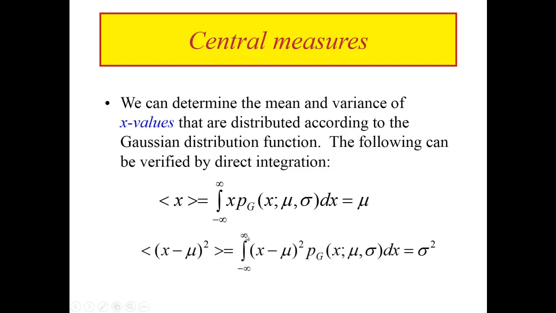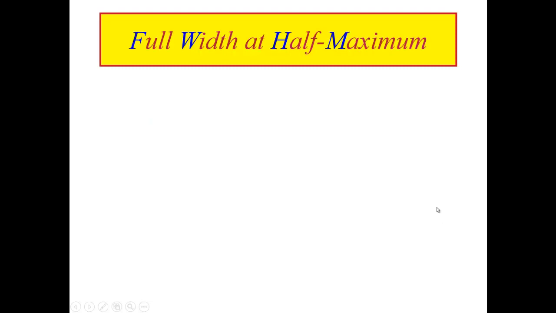If you calculate the variance using the definition that we showed before, indeed you get sigma squared as the variance. Just because we threw sigma into the expression for the Gaussian function doesn't guarantee that it really is the standard deviation, but you can show that when you calculate the standard deviation the way we define it, you do get that parameter sigma squared for it.